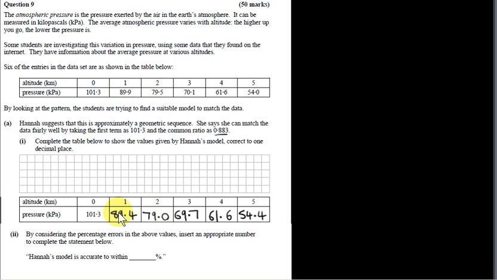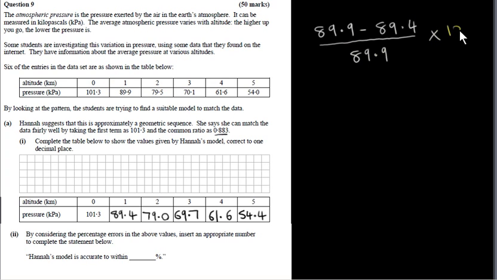So let's start with this value here, 89.4. Well, we write down the measured value, which is 89.9, and subtract the value from the model, which is 89.4. That's the error. We divide this by the measured value, so we want to compare the error to the measured value. And we get this fraction as a percentage.